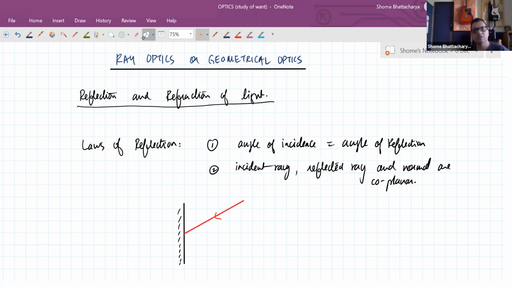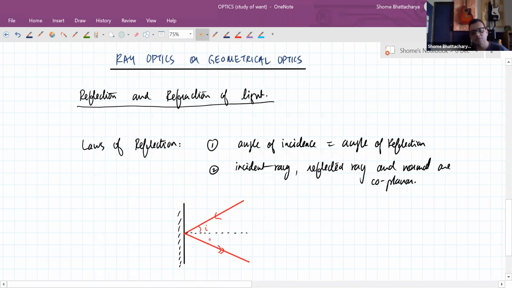So you know that after reflection, its path becomes like this, such that at the point of incidence, if you drop a normal to the mirror surface, then the angle that the incident ray makes with the normal, that is called the angle of incidence, and the angle that the reflected ray makes, that is called the angle of reflection. So angle of incidence is equal to angle of reflection.